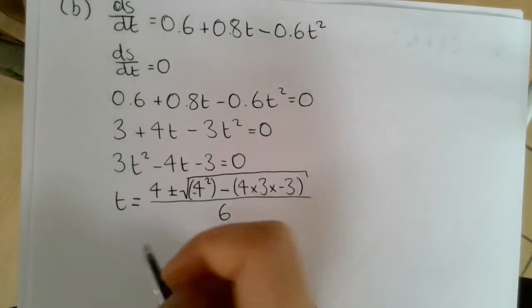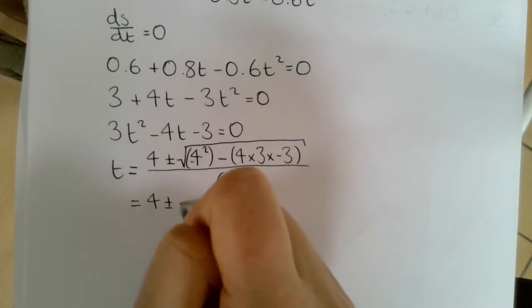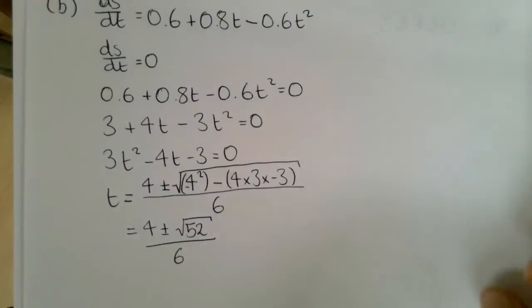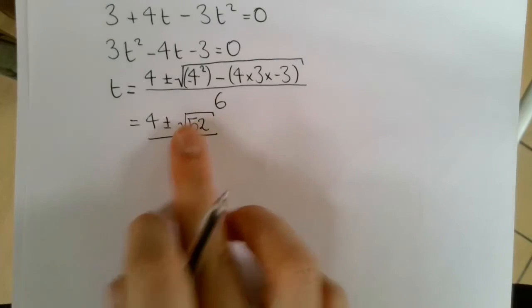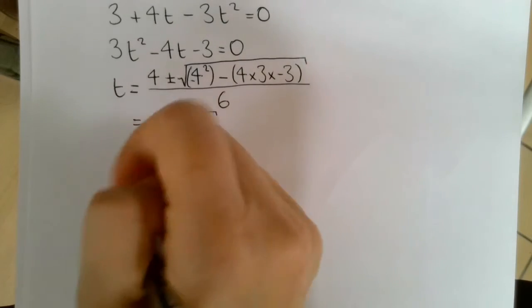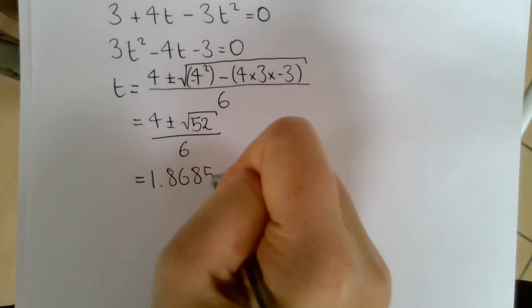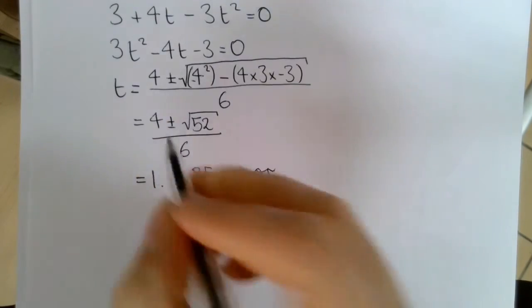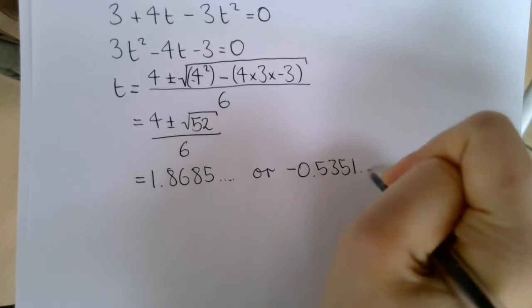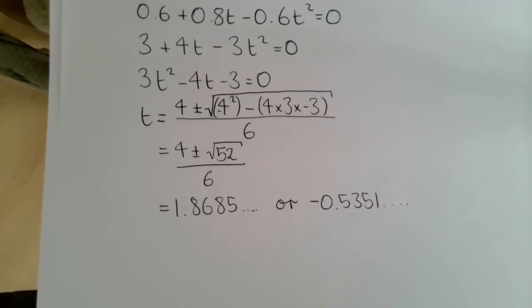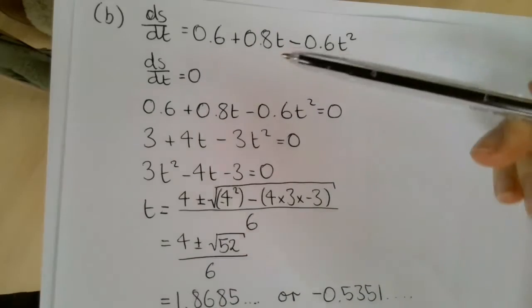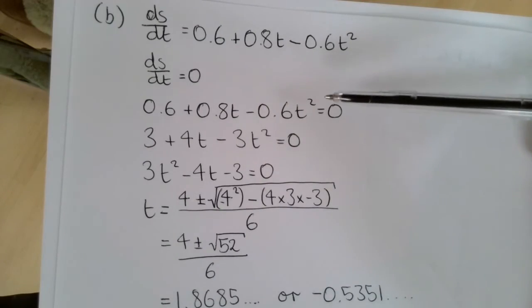Now, if you put this in your calculator, you'll get 4 plus or minus the square root of 52, all divided by 6. When this is adding, we get a value of 1.8685 and so on. When we're subtracting that root 52, we get negative 0.5351 and so on. So here we've got 2 values of t when our distance is at its turning point.